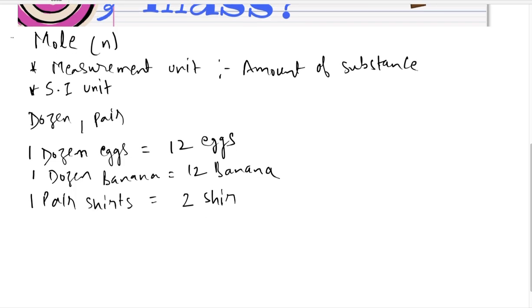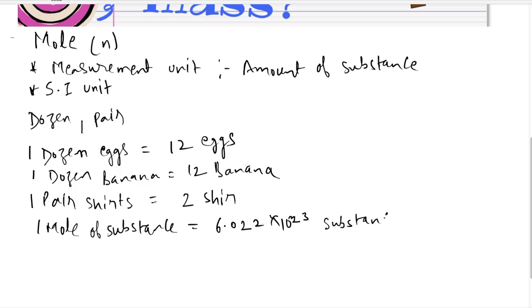Similarly, when I say 1 mole of a substance, it means 6.022 into 10 raised to power 23 elementary units of the substance. Okay, this number is very important.